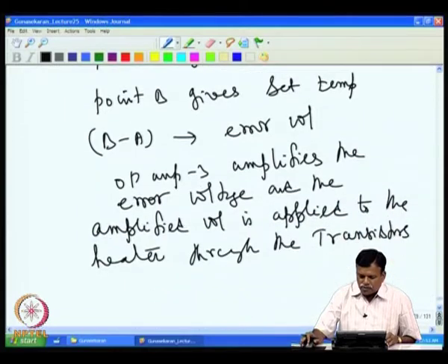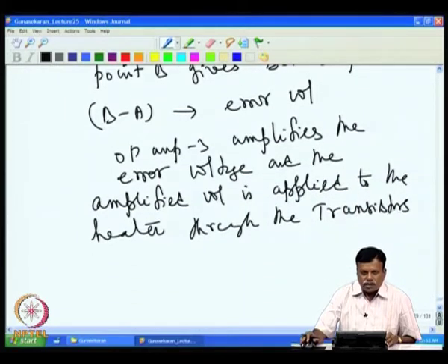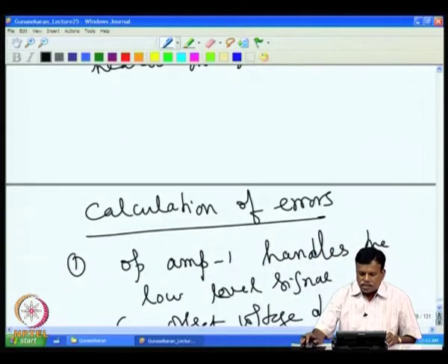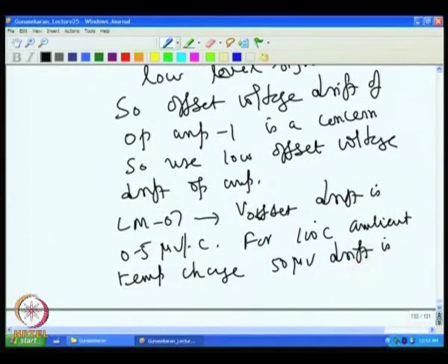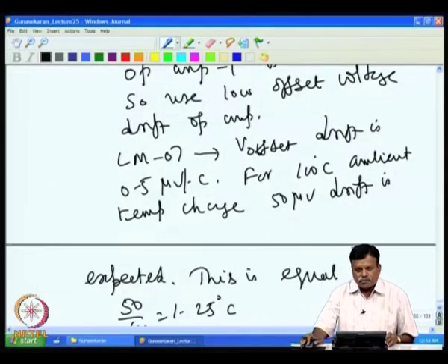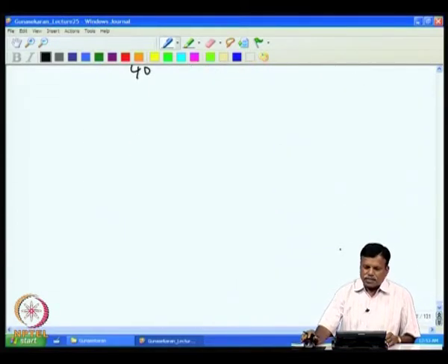So, for example, if I use op amp 1 as the first stage and if I use 25 gain, then total error due to offset voltage drift can be calculated.